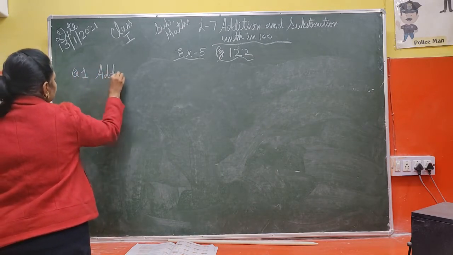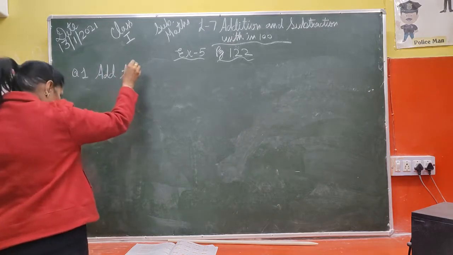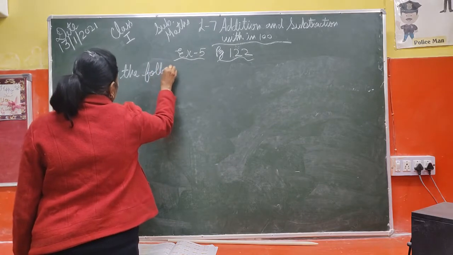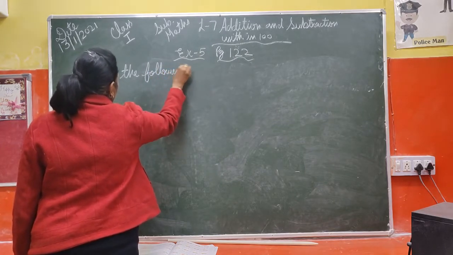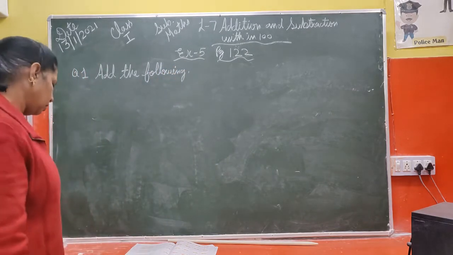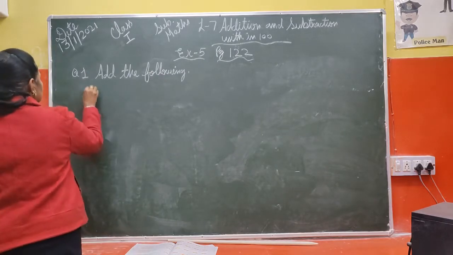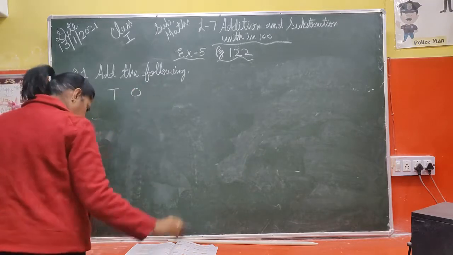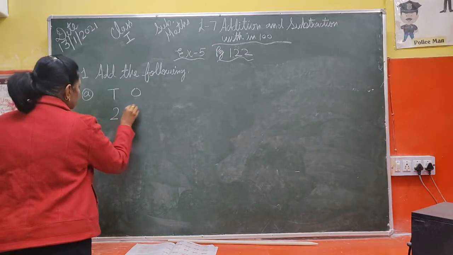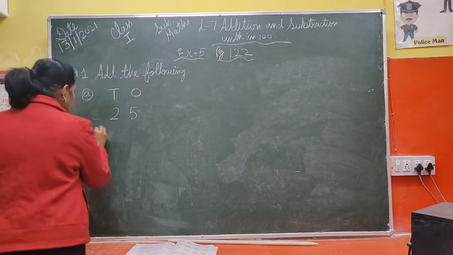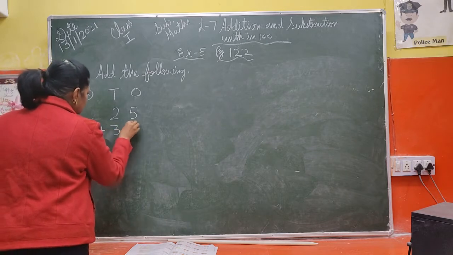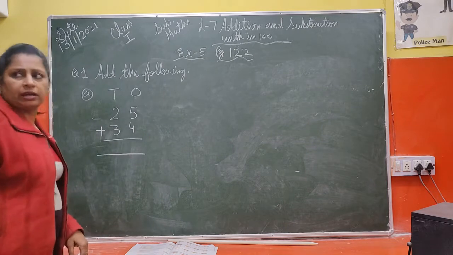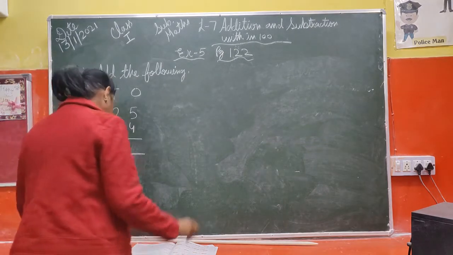Add the following. A is place tens and ones, 25 plus 34. Now first I write the questions, then start the work.